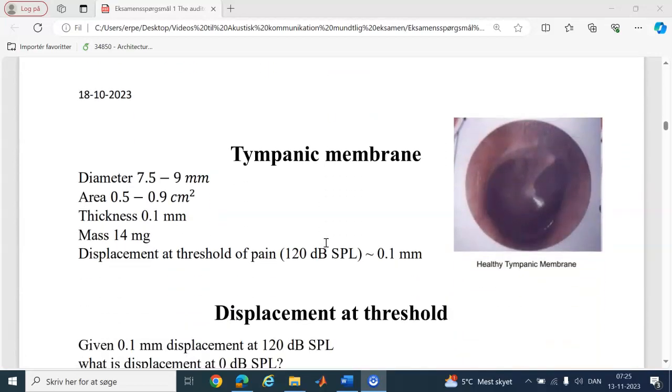You have the tympanic membrane, and it's very thin. The area is about 1 square centimeter, the thickness 0.1 millimeter, with small mass. Its displacement at about the threshold of 120 dB is 0.1 millimeter.